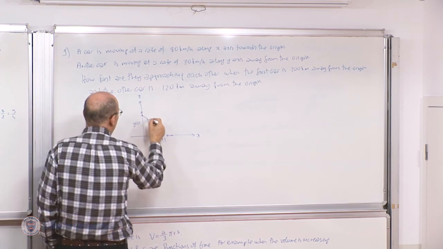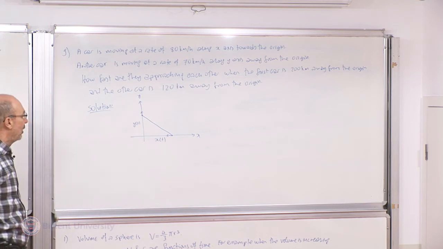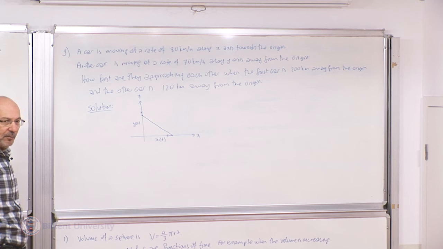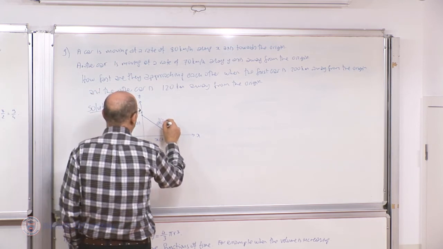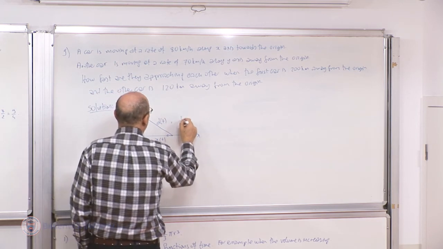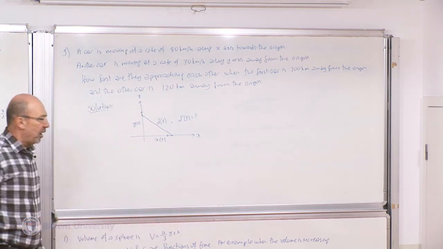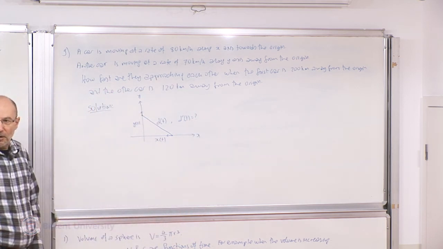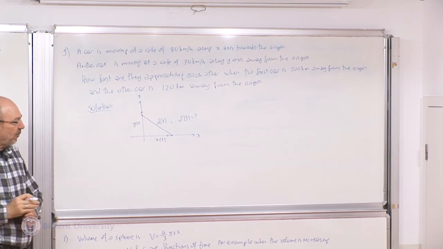The distance between them is this, and we suppose for some reason that the distance is decreasing. We don't know, we'll find out. This is the distance between them, and the rate of change of d is asked. How fast are they coming close to each other, or is the distance between them increasing?